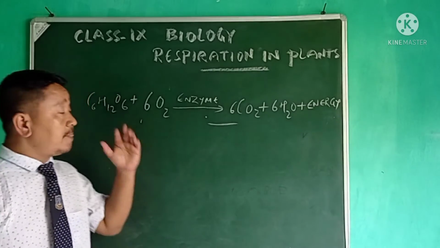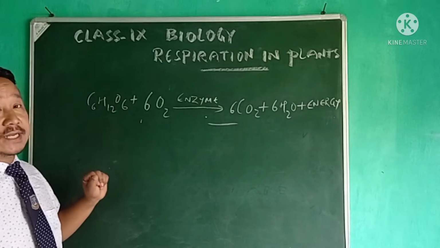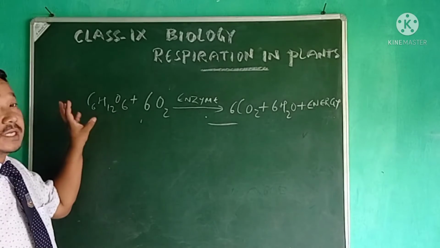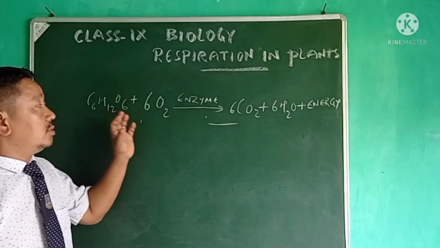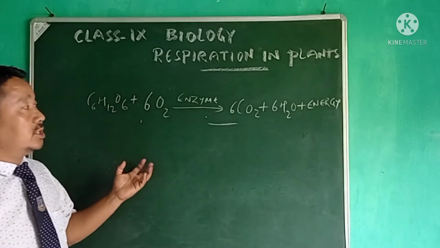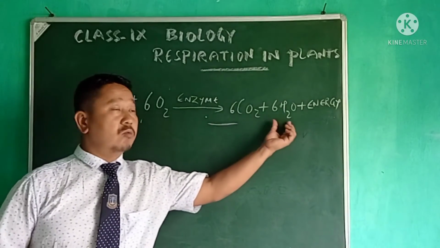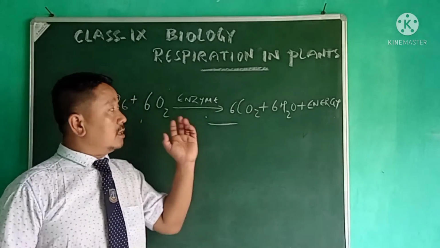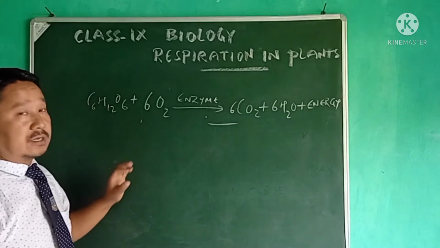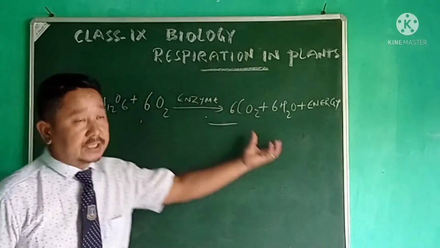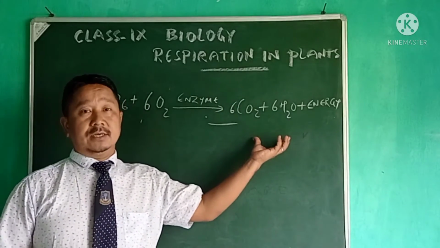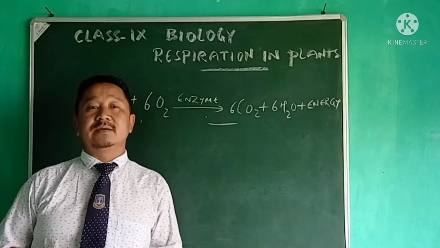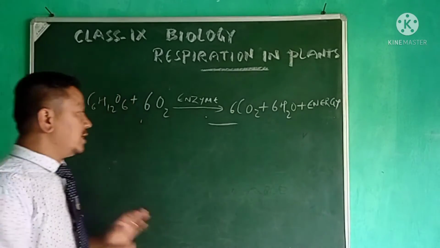First your glucose will be oxidized to produce carbon dioxide, water and energy, and this conversion will mainly take place in 2 steps.